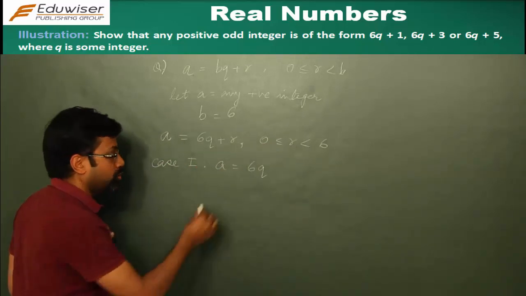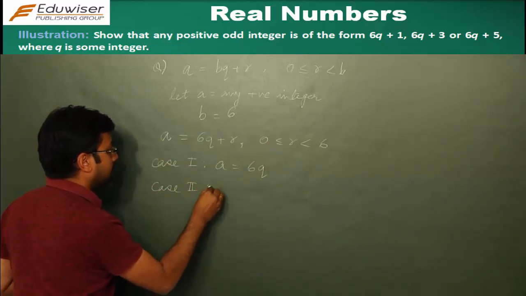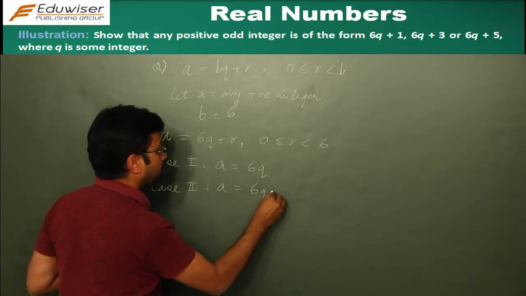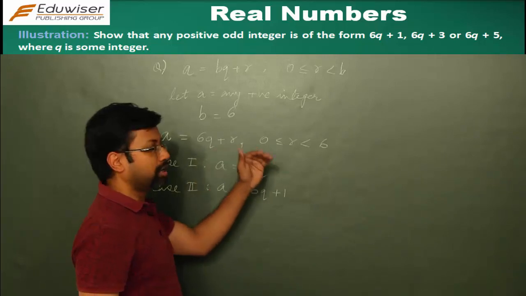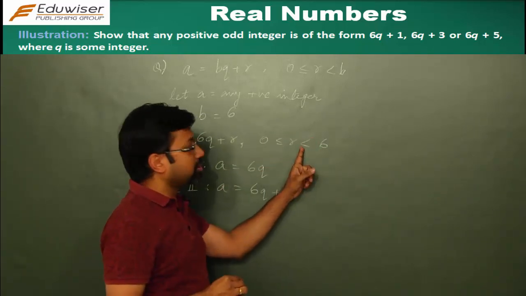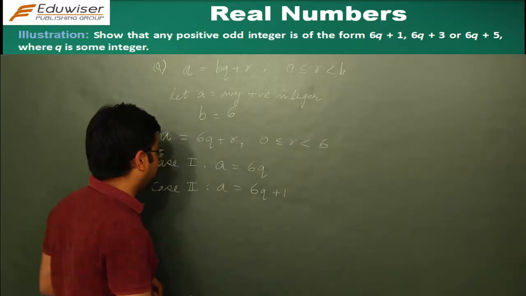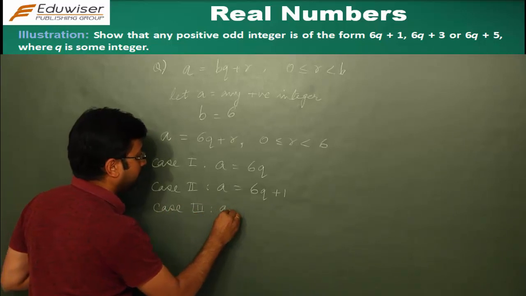R can be 0, so it will be 6q. The second case could be that a is equal to 6q plus 1, because r can take all positive integral values from 0 to 5. It cannot take 6 because there is no equality sign on 6.